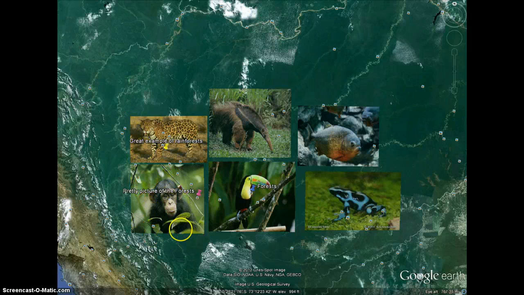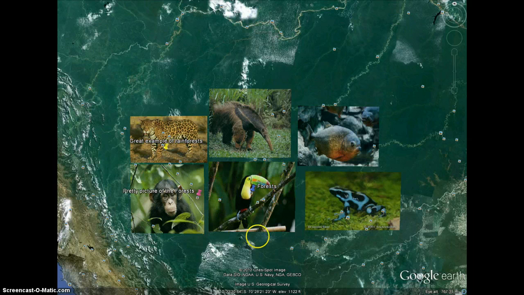What about this? What is this animal? A chimpanzee. Yeah, it's a type of monkey. There are many, many types of monkeys that live in the Amazon rainforest.